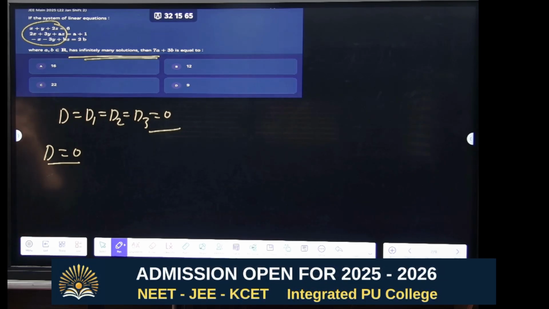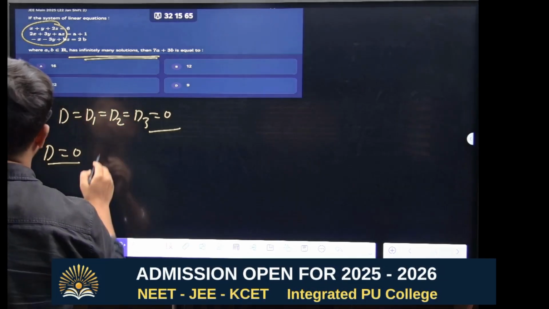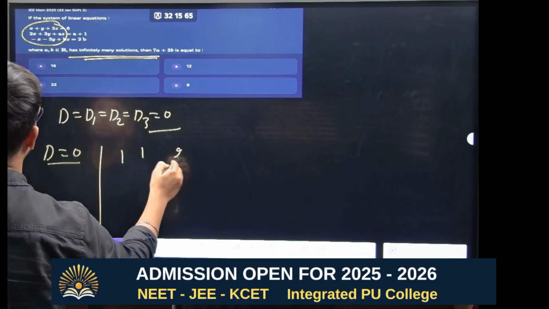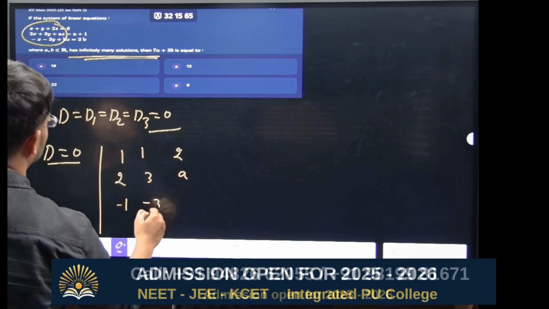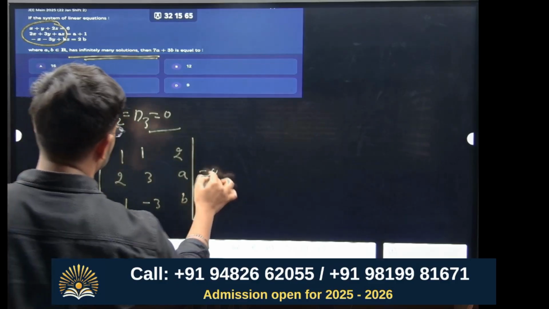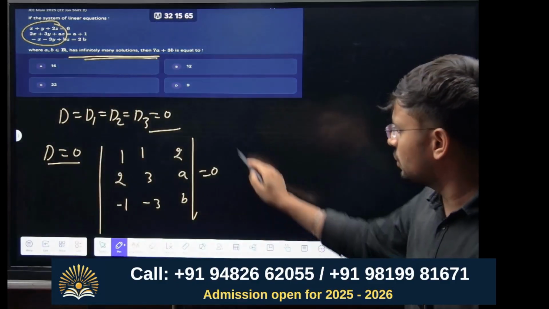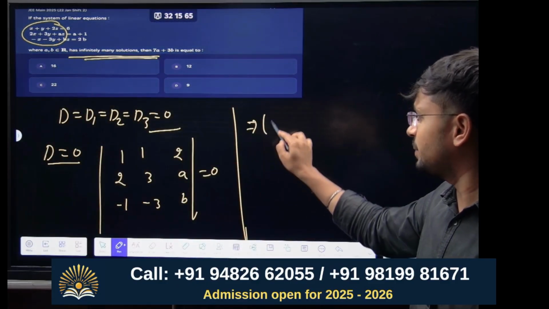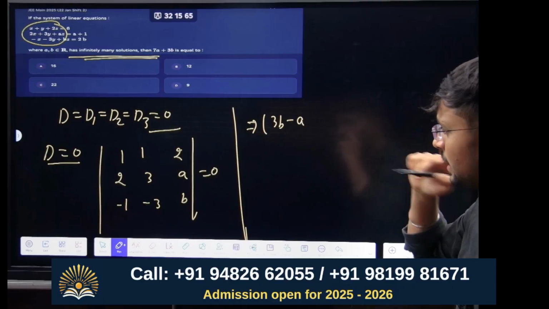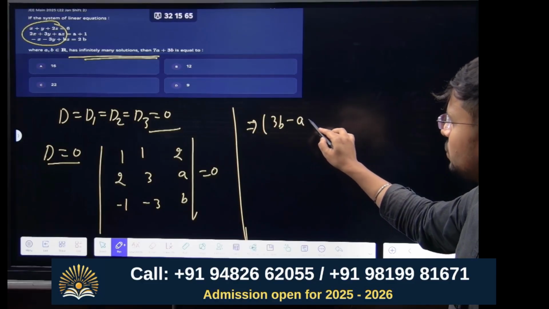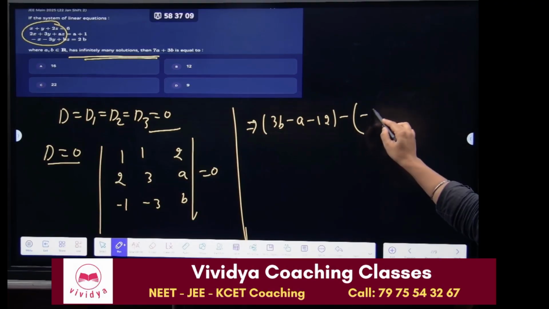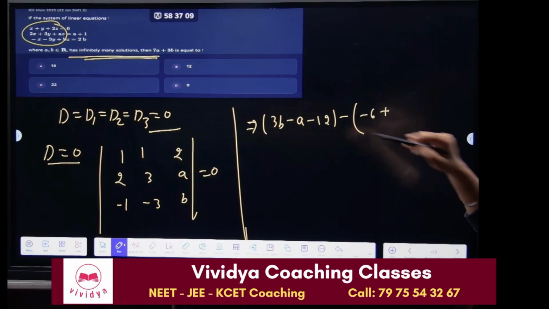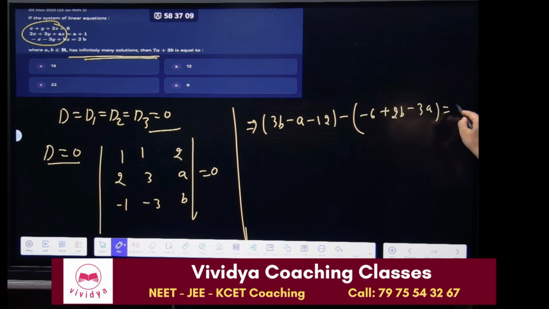Okay, now what you do? Let me do this. Put D equal to 0. So 1, 1, 2, 2, 3, A minus 1, minus 3, B will be equal to 0. Now if I solve, 3B minus A, 2 into 4, 3, 12 minus 6 plus 2B minus 3A will be 0.